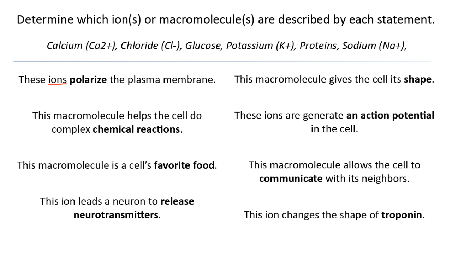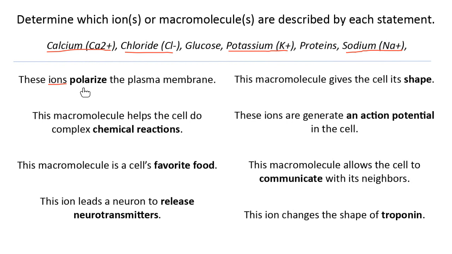Ions are something that has a charge, anything that has a charge. So I'm going to underline all my ions here. Everything that is an ion that we've listed. When we talk about ions, we are talking about what I use to polarize the membrane.